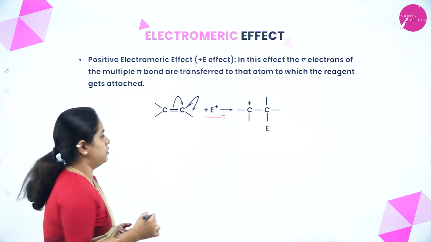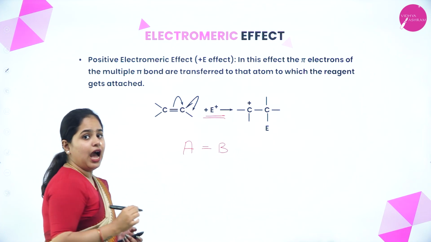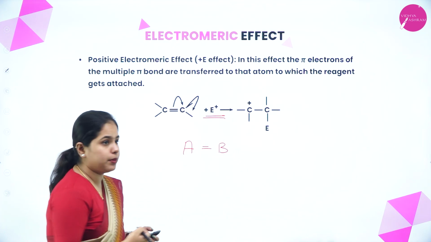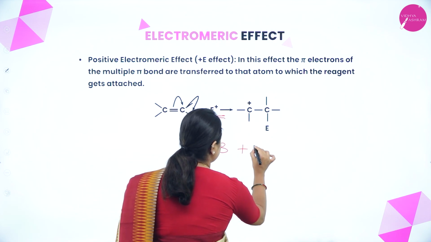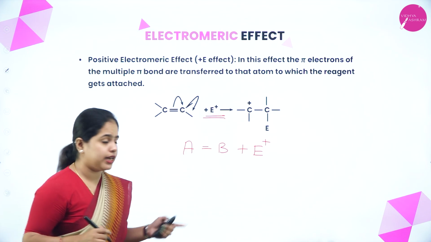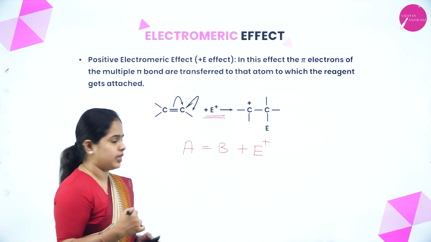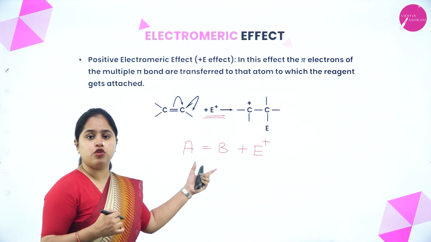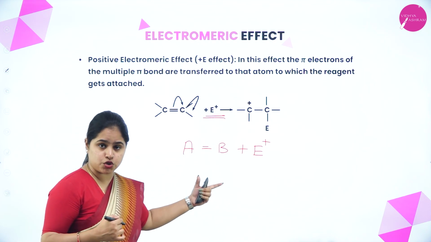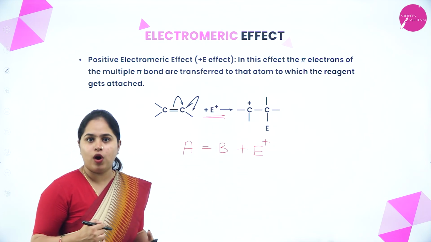So in general terms, I can write if there are two atoms A and B, right? And if an electrophile is coming and attacking this compound, that is the double bond, what happens is this pi electron, yes, you can see there is one sigma and one pi bond, right? This pi electron pair, both of the electrons which are shared between these two, will now be completely transferred to either one atom.